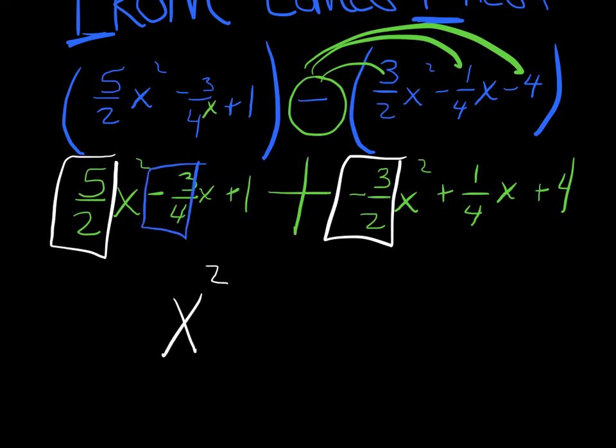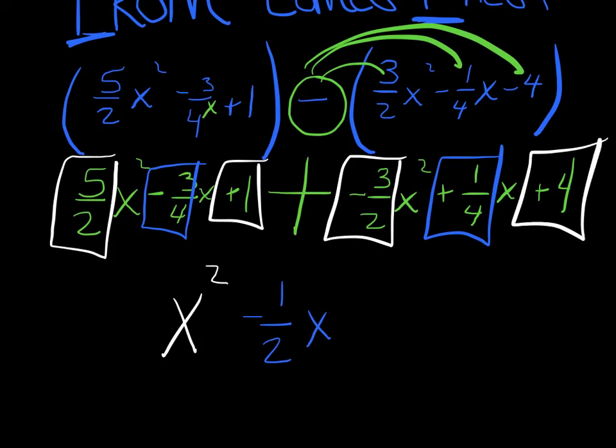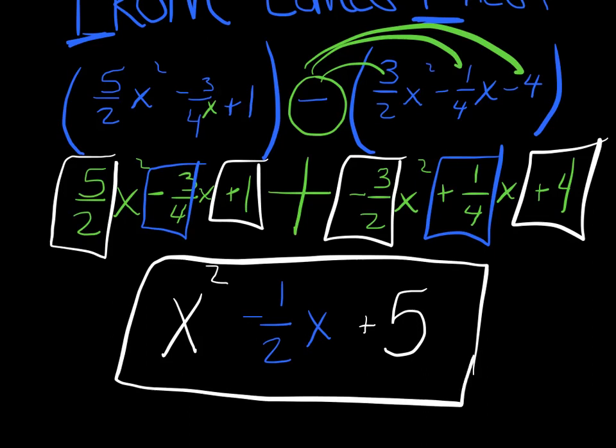Negative 3/4 plus 1/4. Again, if you can't do it in your head, grab your calculator. I get negative 2/4 or negative 1/2 x. Positive 1, positive 4 gets me a plus 5. And you're done. Once you've added your like terms, you're good to go.